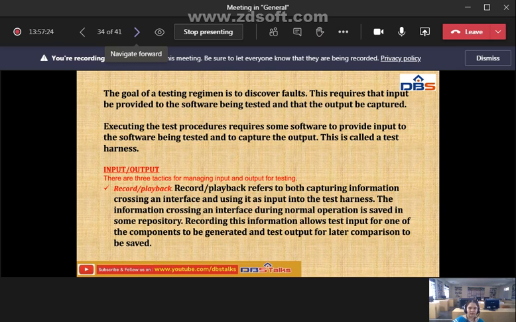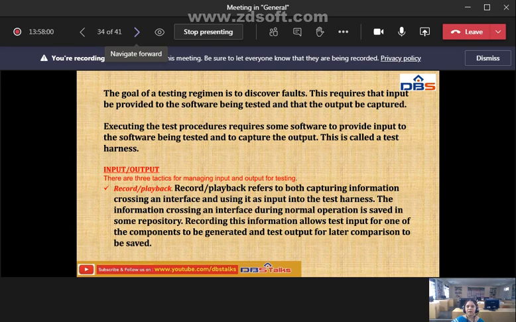Whatever software is developed, we need to give input to that particular system. After being tested, it will give some output, and we also capture that output. Next, executing the test procedure requires some software to provide input to the software being tested and to capture the output. This is called a test harness. Next, input and output. Here we have three things.